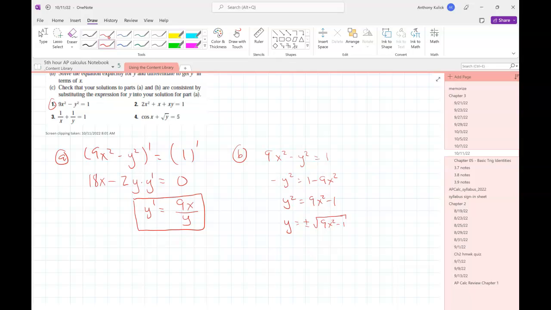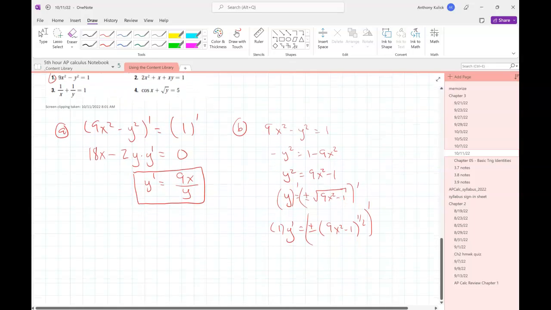And then if we take the derivative of both sides, the derivative of y is 1, and then I get the y prime piece. I can pull that plus or minus out. And I'm going to think about this as a chain rule problem.